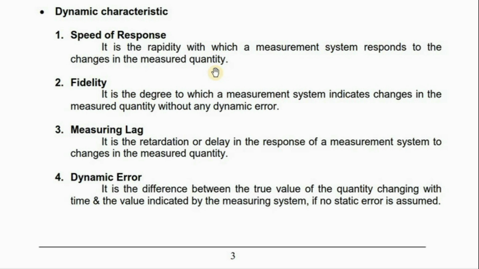It will take a certain time, and when the actual temperature reaches 10 degrees, then it will show 8 degrees, and likewise. So the speed of response of particular instruments varies, and it should be quick. The instrument should rapidly respond to changes in the measured quantity.